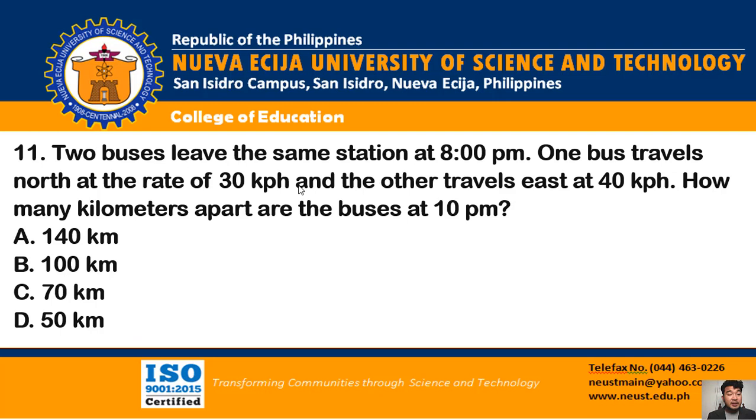11. Two buses leave the same station at 8 p.m. One bus travels north at the rate of 30 kph and the other travels east at 40 kph. How many kilometers apart are the buses at 10 p.m.? Alright, so take note of the given.